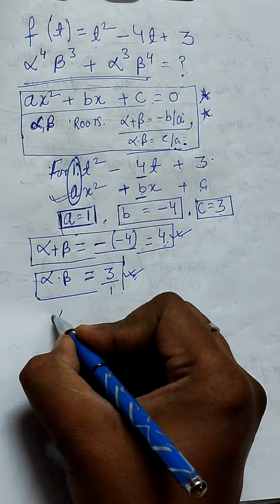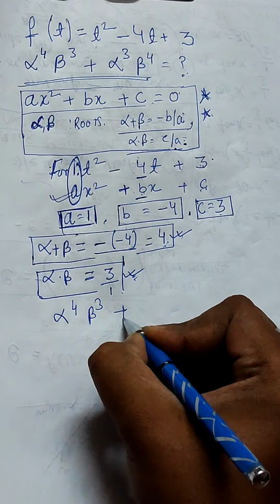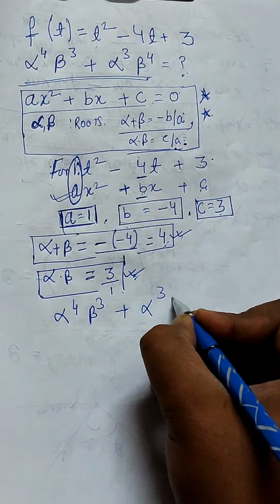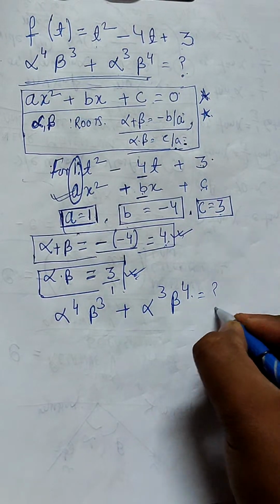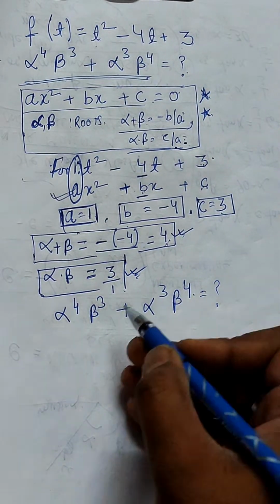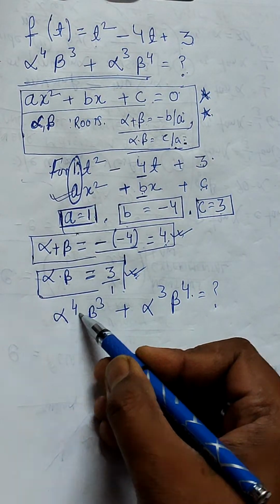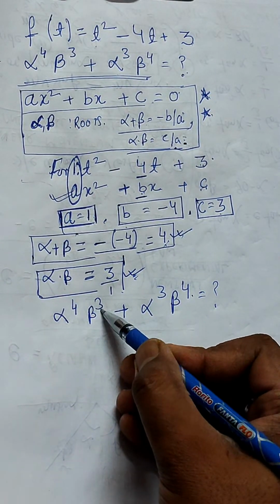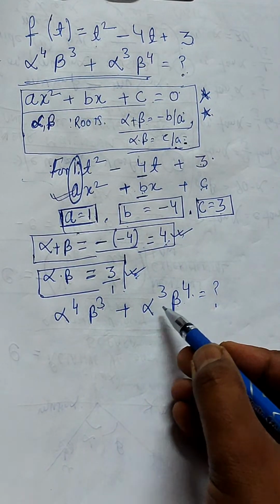So we need to find alpha 4 beta cube plus alpha cube beta 4. This value we need to find, right? Now here you can see alpha is coming 3 times over here, and even beta is coming 3 times, and here also alpha and beta are coming 3 times each.